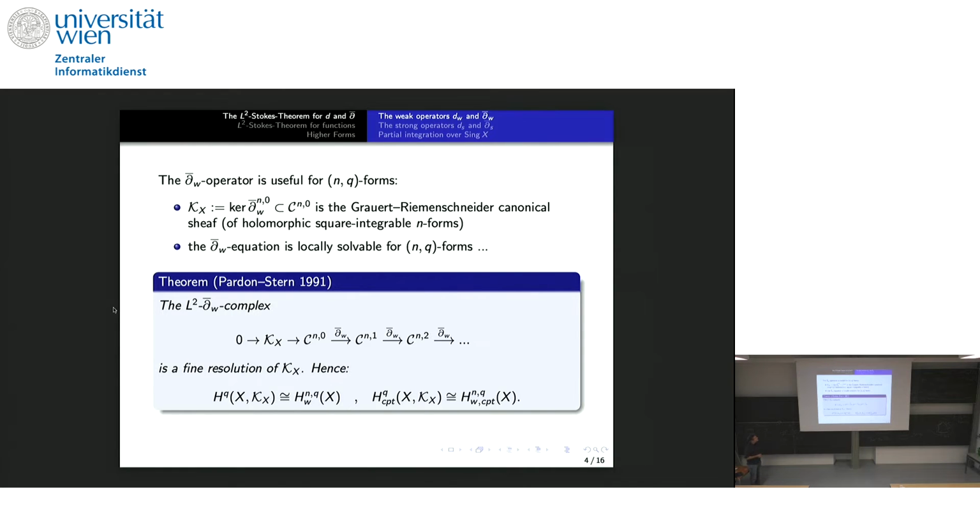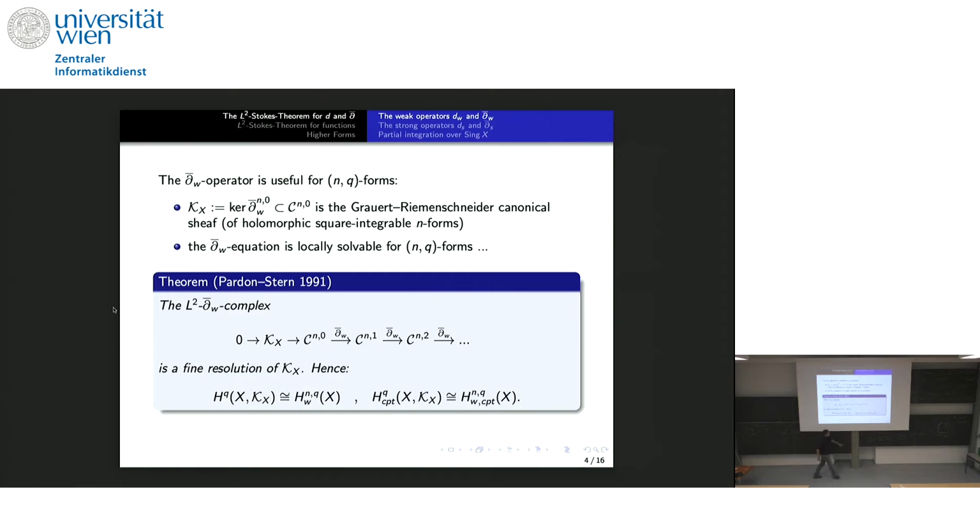Okay, so this is interesting because here you have a coherent analytic sheaf. This is sheaf cohomology here, without or with compact support, and then the abstract Dolbeault theorem tells you that if you have a fine resolution, and these sheaves here, it is not hard to check, admit a partition of unity, so they are fine, then you can express the cohomology of the Grauert-Riemenschneider canonical sheaf in terms of the Dolbeault cohomology groups, so in terms of some differential equations.